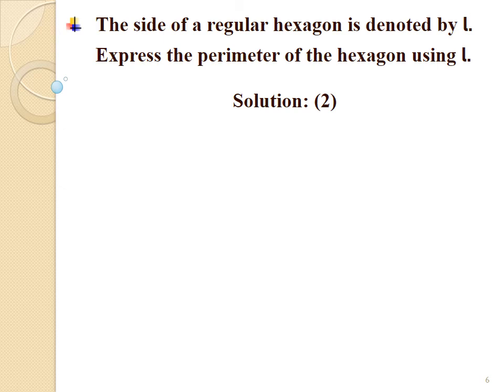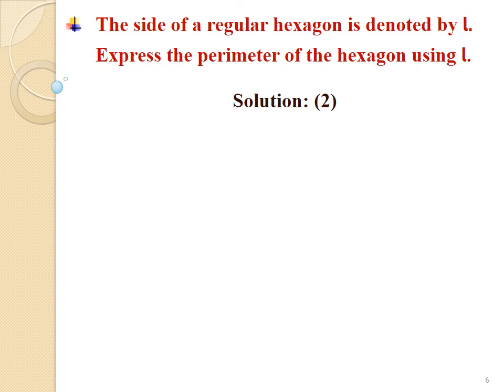Now, sum number 2. The side of a regular hexagon is denoted by L. Express the perimeter of the hexagon using L. Students, in this question, we have to write the perimeter of a regular hexagon using L. Students, we know that a regular hexagon has all its 6 sides equal in length.